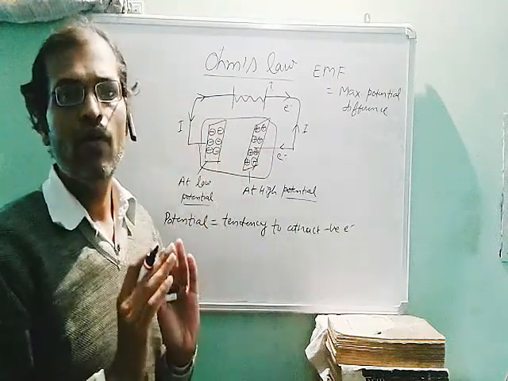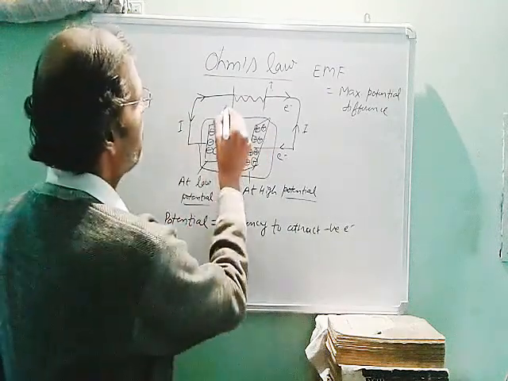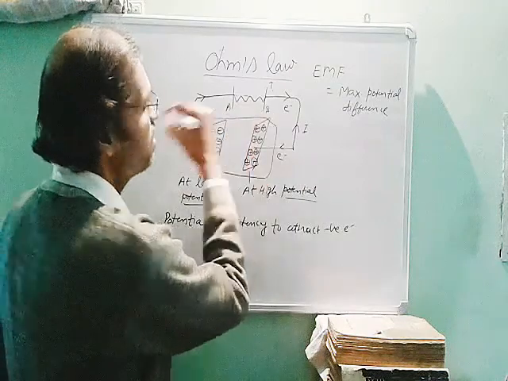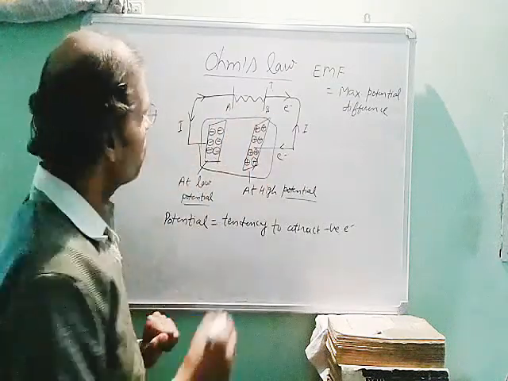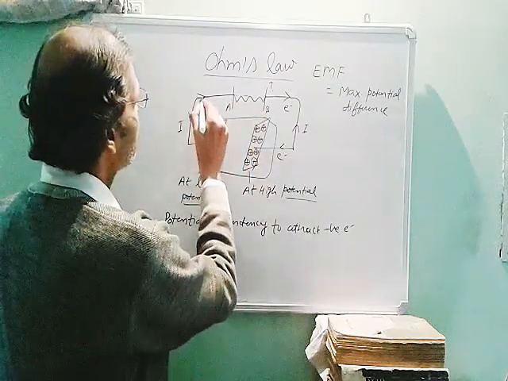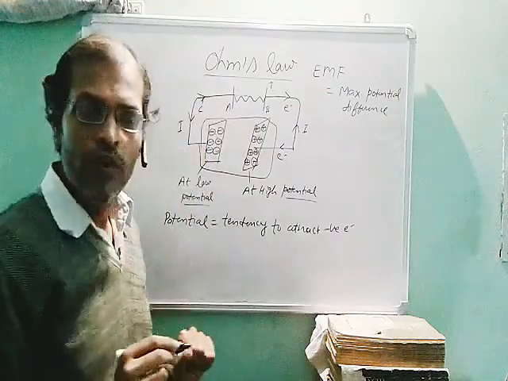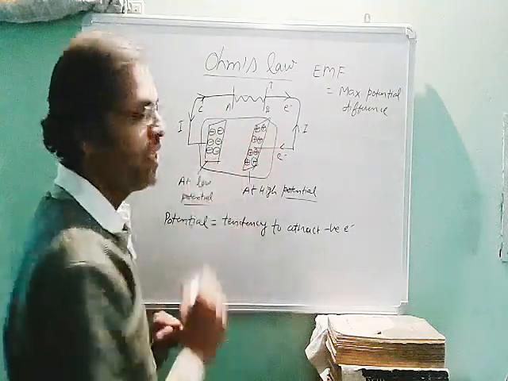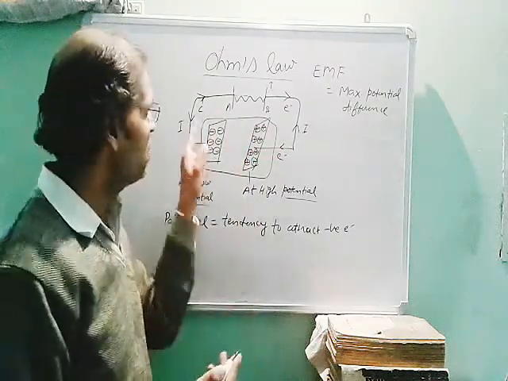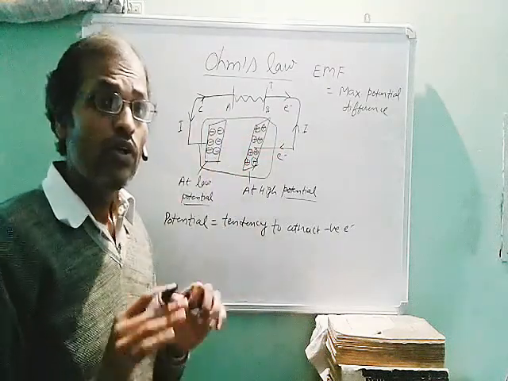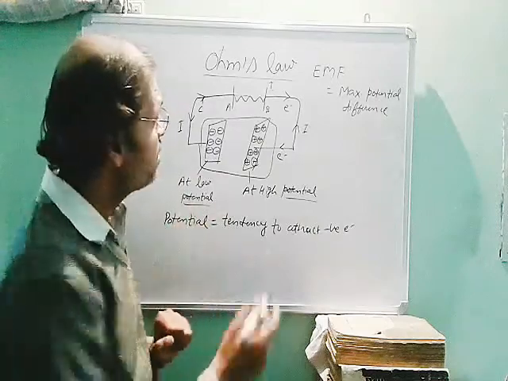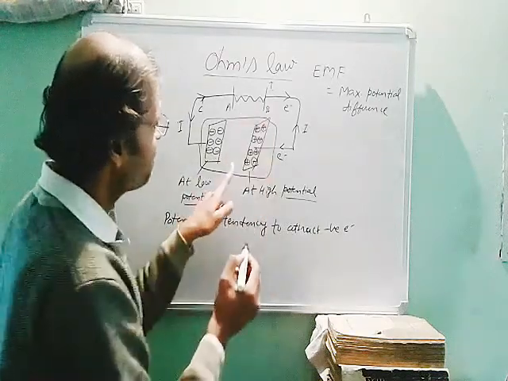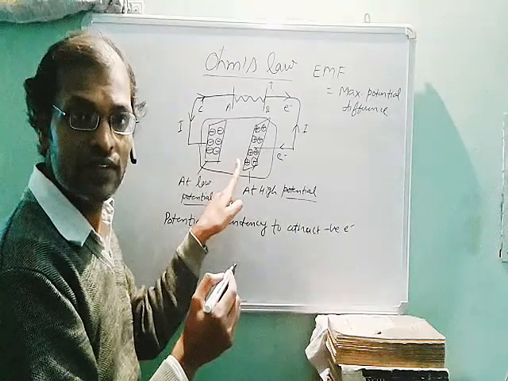Then it will be called potential difference between A and B. Suppose there is a point here, C. You are going to find the potential difference between this point and this point, then you will say potential difference between C and B. So you can guess that this difference will be less than this difference.